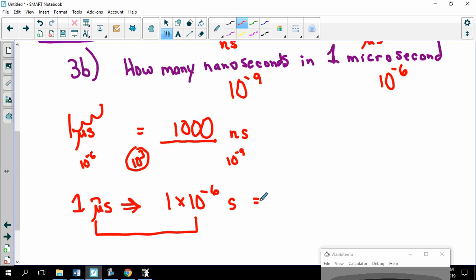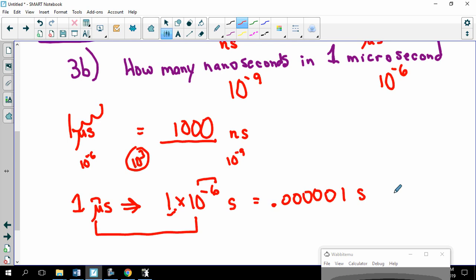Now you know 10 to the minus 6th, you got to move it. If you're going to make this bigger, you got to make this number smaller. So if you're going to get rid of it, you got to move that over 6 places. So that'd be 1 2 3 4 5 zeros and a 1 seconds.